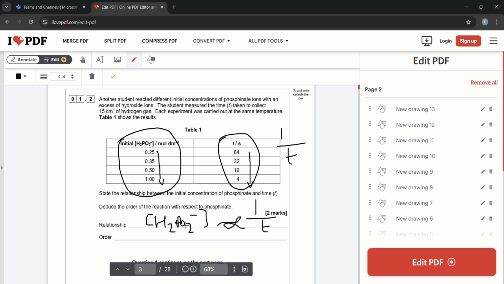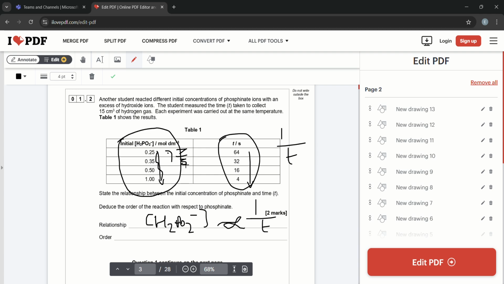And then it wants me to determine the order of reaction with respect to phosphonate. So let's look here. Okay, 0.25 to 0.35. What's the difference between those? 0.35 divided by 0.25, timesing by 7 over 5.